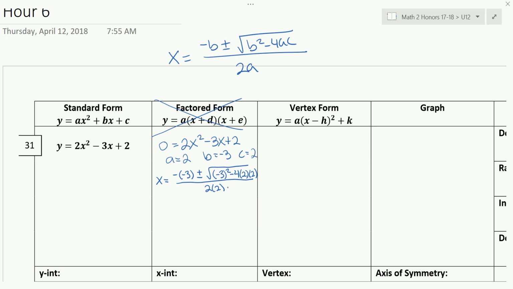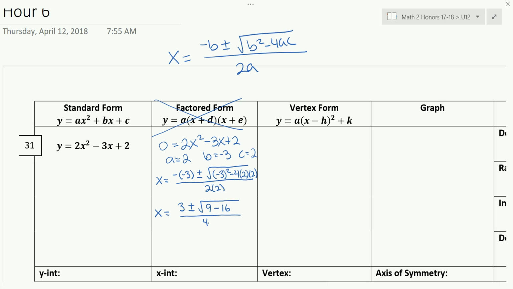I go through the problem and get through all the multiplications. We end up with 3 plus or minus the square root of 9 minus 16, all over 4.